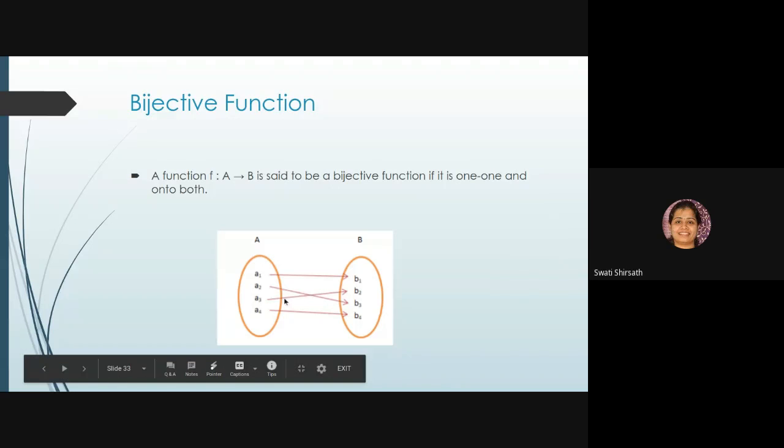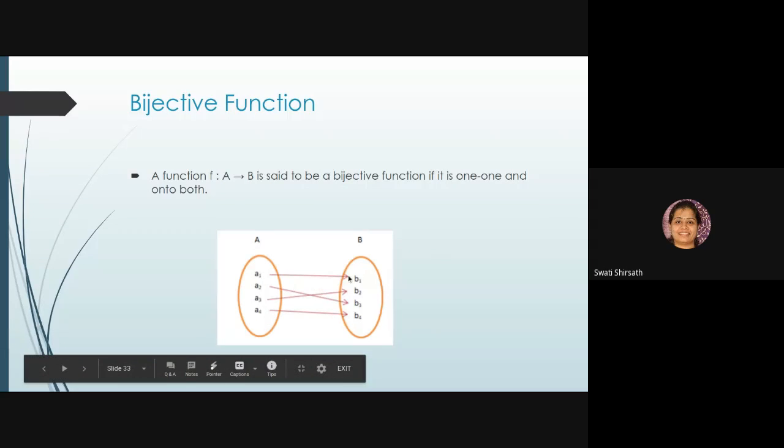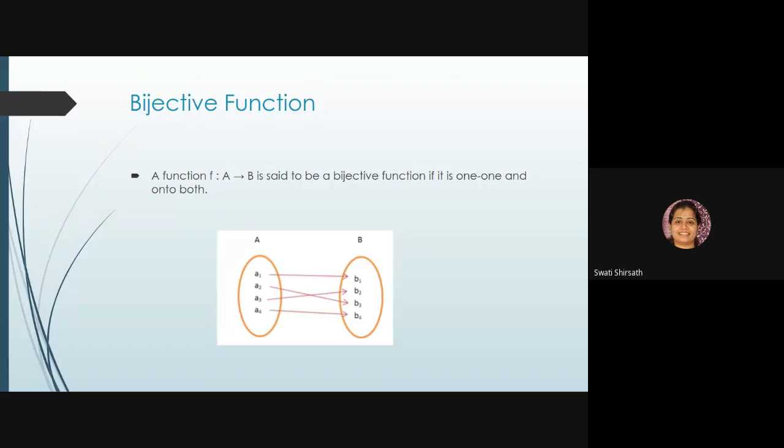So see, this function is one-to-one and also onto, means every element of domain has mapping with distinct elements of the codomain, and vice versa. Then we call it a bijective function.